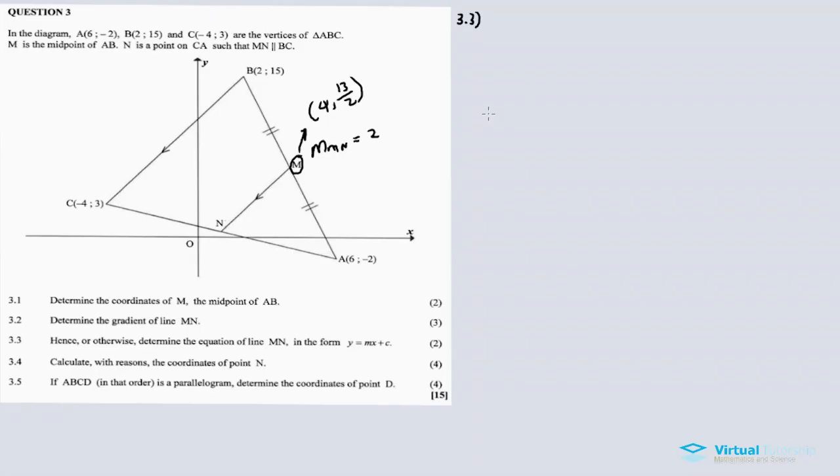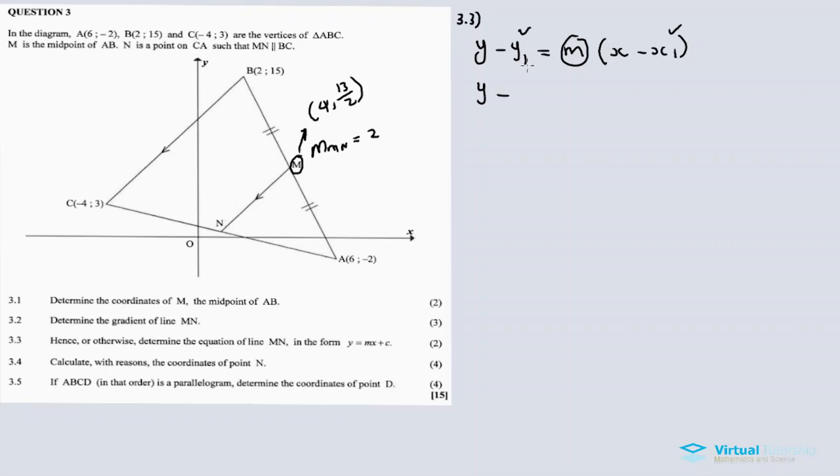We know that if you want to calculate the equation of a straight line, you need a gradient as well as 1 point, so that we can apply this formula, y minus y1 equal to m in brackets x minus x1, right? 1 point and a gradient. Then you can find the equation of a line.